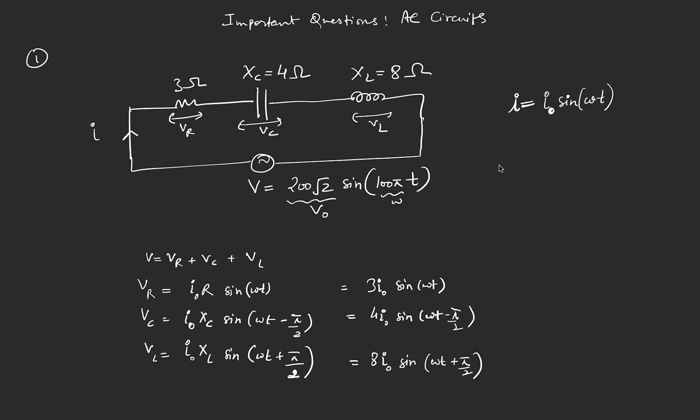So let's do the phase diagram. So 3 I naught on the x-axis, 4 I naught downwards, and 8 I naught upwards. So net resultant would be 4 I naught upwards, 3 I naught sideways. This will give us the net voltage V, which is equal to 5 I naught at an angle of 53 degrees.